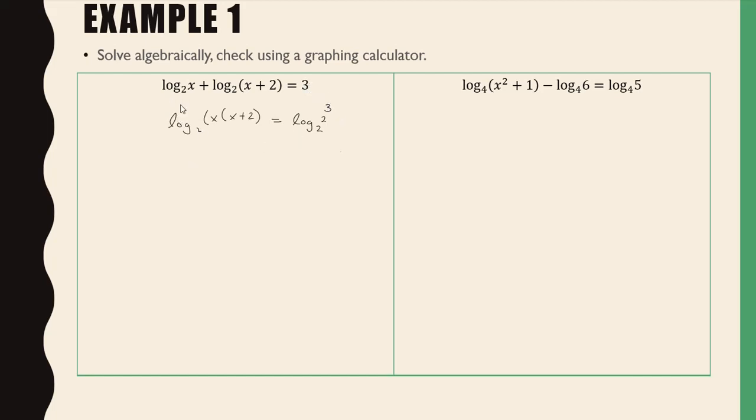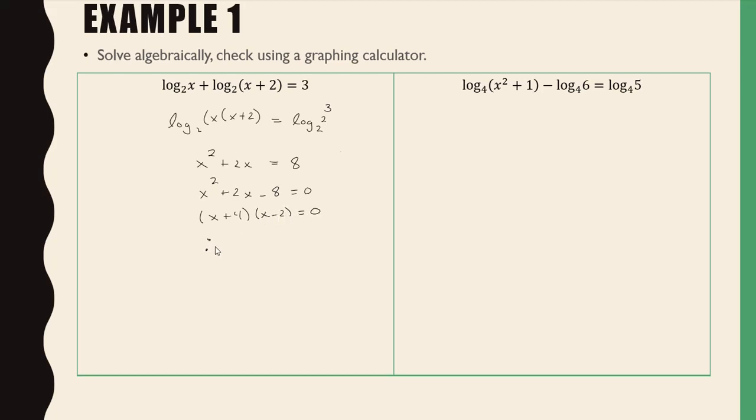So now that I've got log 2 on both sides, I can get rid of the logarithms. So we're just left with, well, I'll distribute this already. So x squared plus 2x equals 2 cubed, which is 8. Then I'm going to subtract 8 from both sides. And then I need to factor this, and it becomes (x + 4)(x - 2) equals 0.